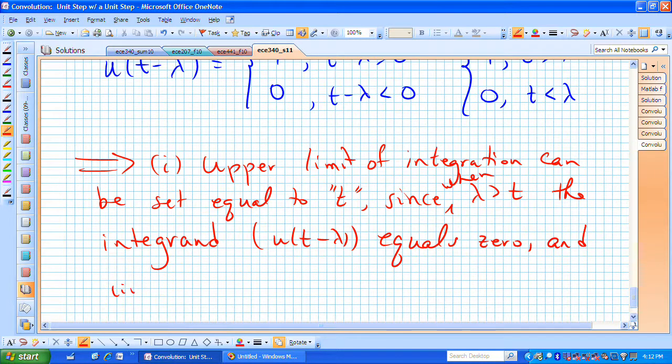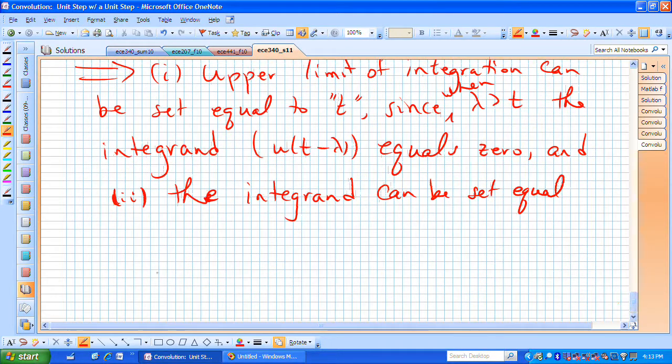And what else can we do? Well, we can now replace u of t minus lambda with 1. The second point, making this observation, is that the integrand u of t minus lambda can be set equal to 1.